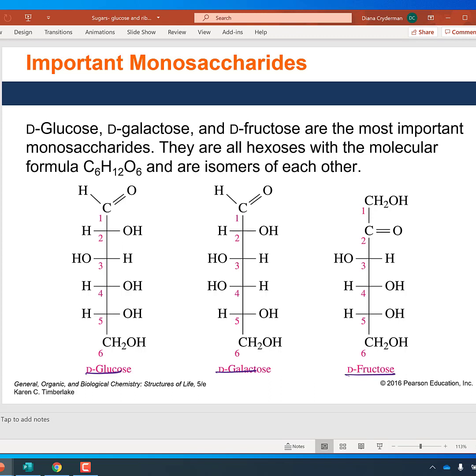The differences between glucose and galactose are really just carbon number 4, so just the placement of that OH group there.